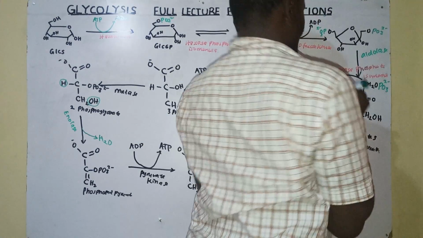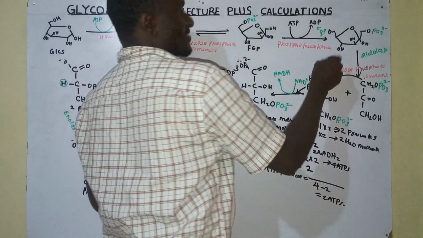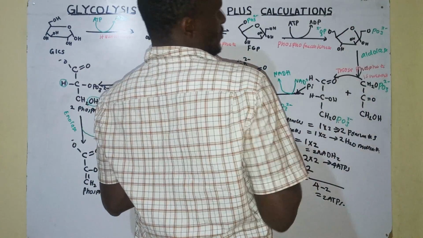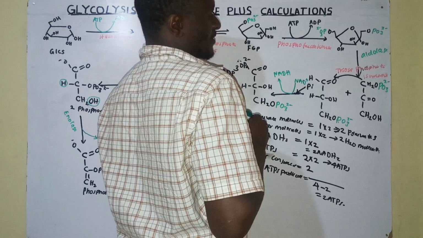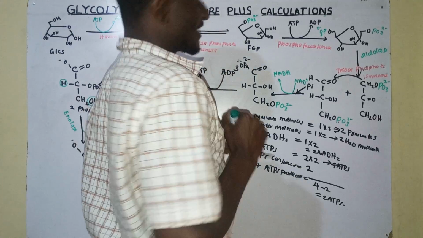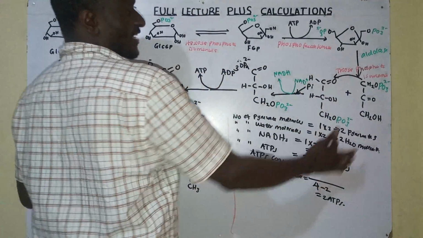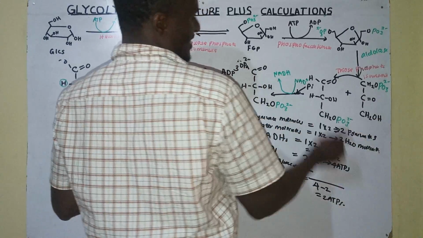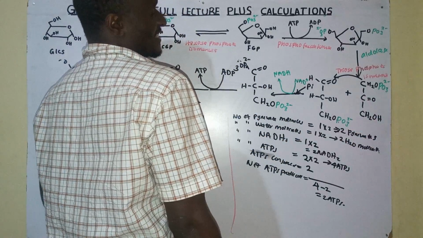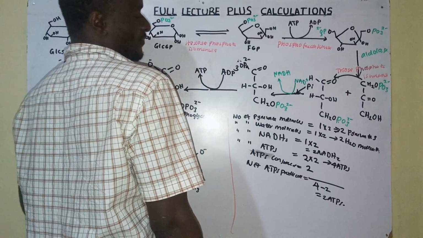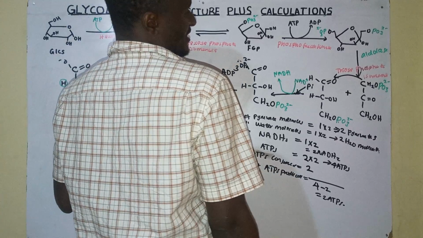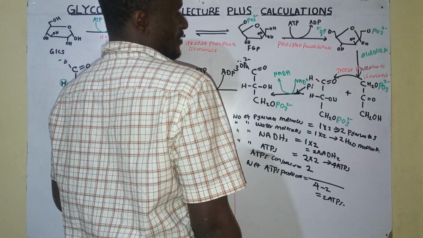Aldolase enzyme lyses fructose into two 3-carbon molecules. One is dihydroxyacetone phosphate and the other one is glyceraldehyde 3-phosphate. Then the next step is the interconversion of those molecules, that is isomerization.